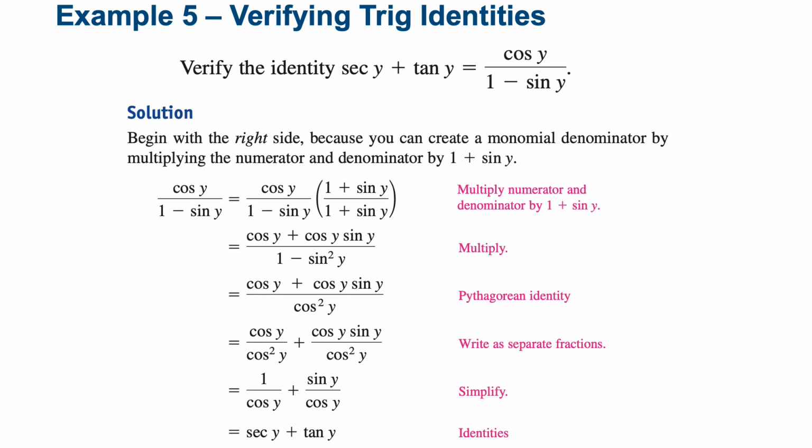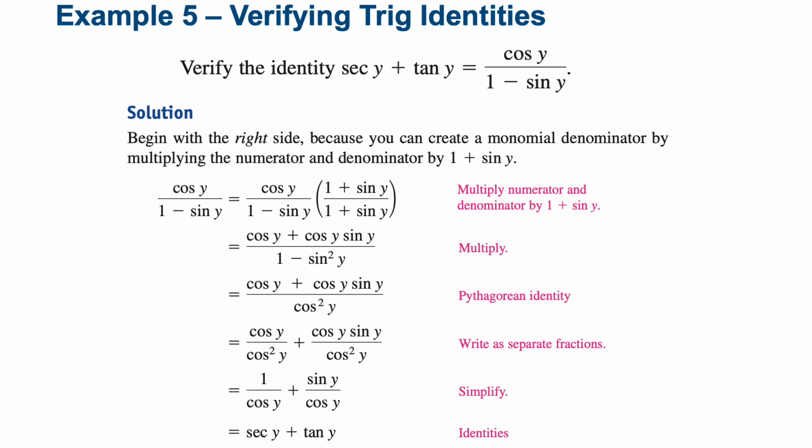And if we simplify, cosine y over cosine squared y simplifies to become 1 over cosine y. And if you cancel out the cosines in the second part, you just get sine y over cosine y.